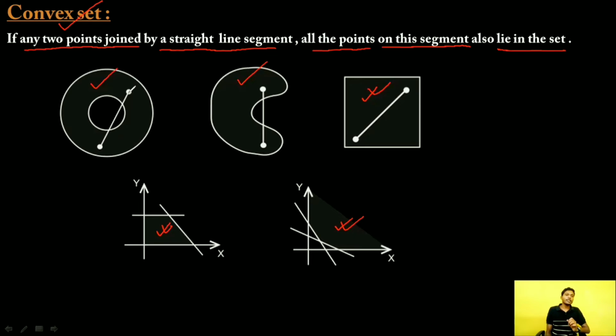Because if we join this point, then this portion of the line segment is not in this set. By the same logic here, if we join these 2 points, then this line segment is not lying in this set. Okay, so these two sets are not convex, but this and this set are convex.